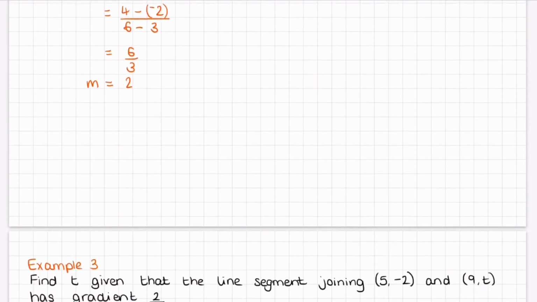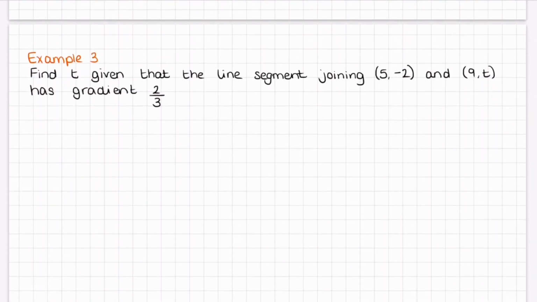Okay, example 3. Find t, given that the line segment joining the coordinates 5, -2 and 9, t has a gradient of 2/3. So we've got these 2 coordinates. Once again, this is going to be x1 and y1, this is x2 and y2, and we know the gradient is 2/3.